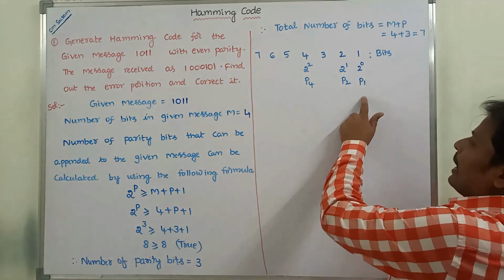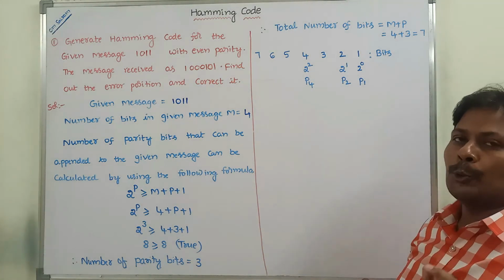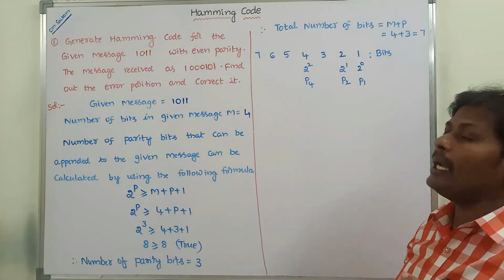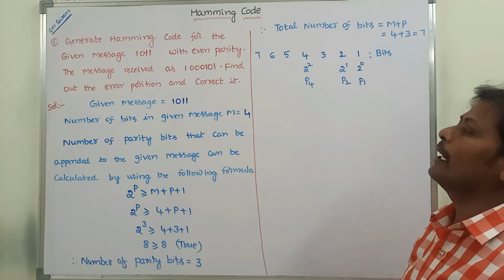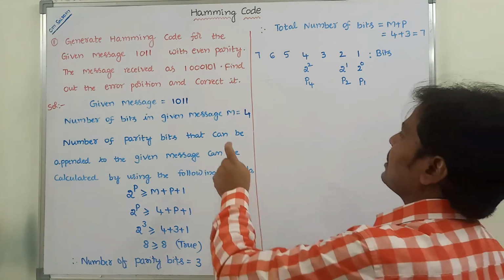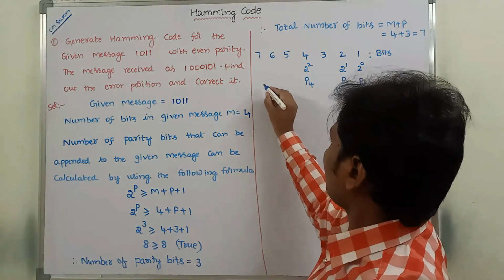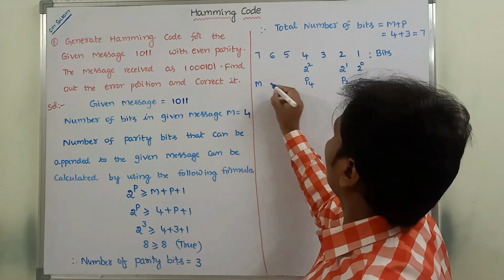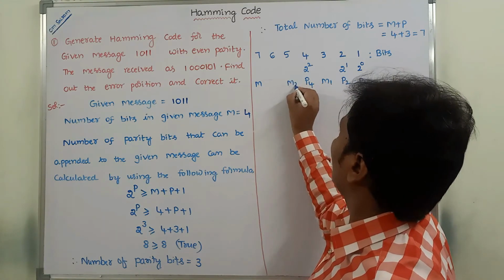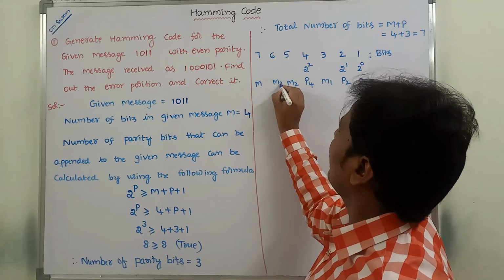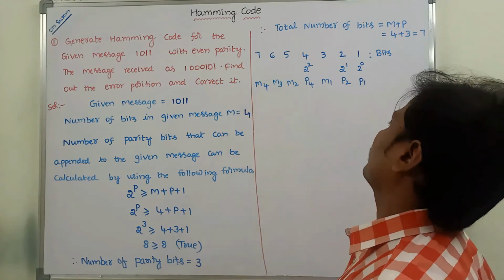Once we have located the parity bits at the powers of 2 positions, the remaining positions can be filled with the message bits: M1, M2, M3 and M4.